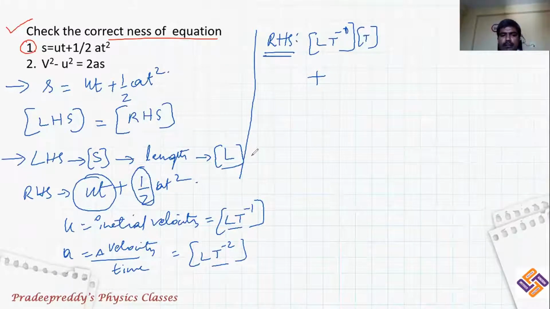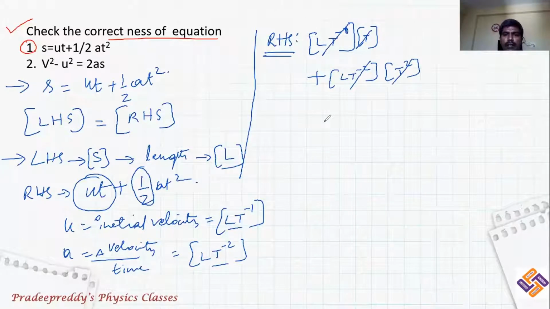You should take at square directly. So a is L t power minus 2 and t square. Right? So t power minus 1 and t get cancelled. T power minus 2 and t power plus 2 get cancelled. What is left over here? L plus L. Okay, length. So on the right hand side, what dimensions do you have? Length. On the left hand side, what dimensions do you have? Length.